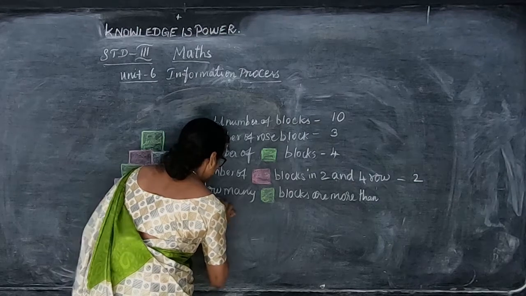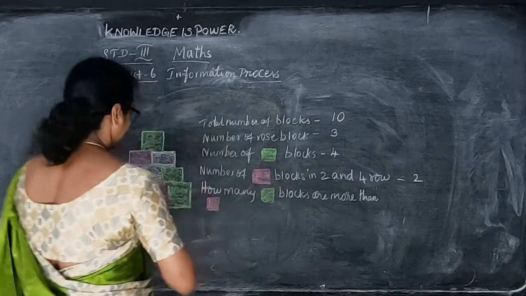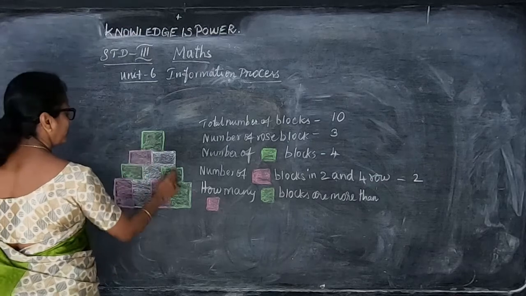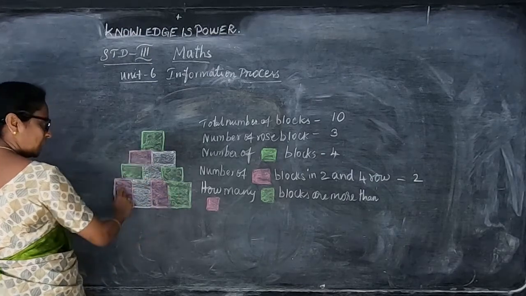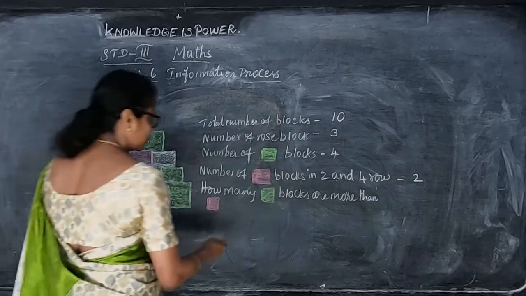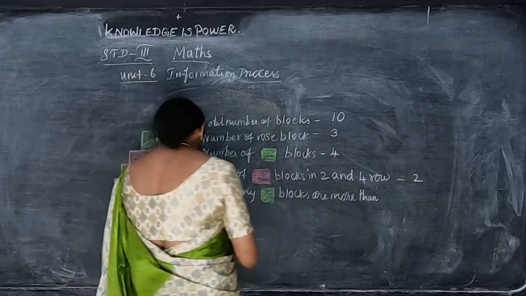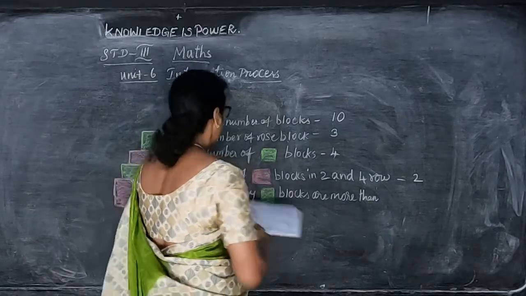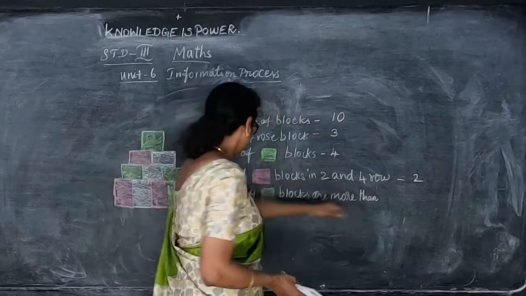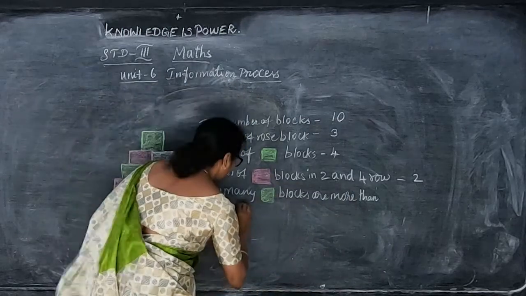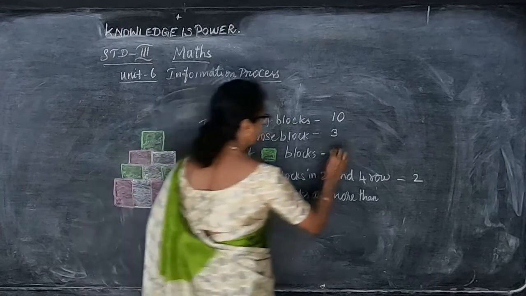So how many pinks are there? How many green blocks are more? 1, 2, 3, 4. But pink is only 3. So one block is more. How many green blocks are more than pink? So only one is there. So these are the answers.